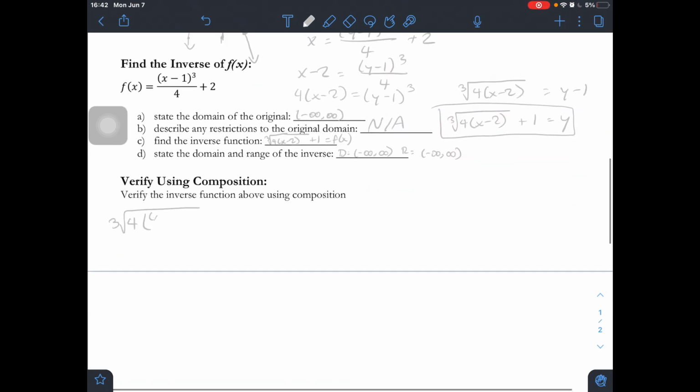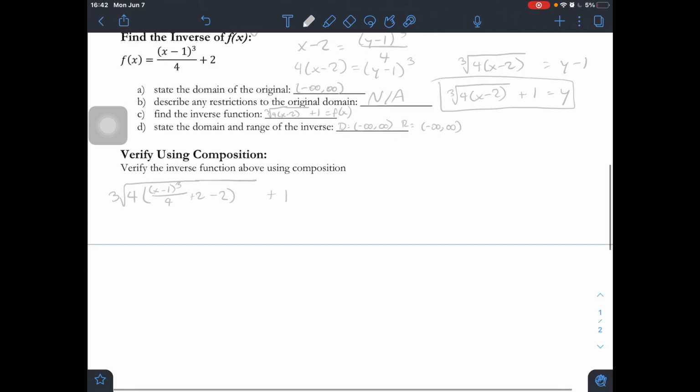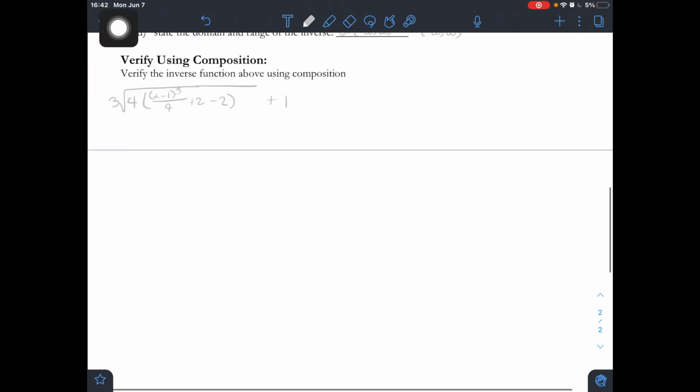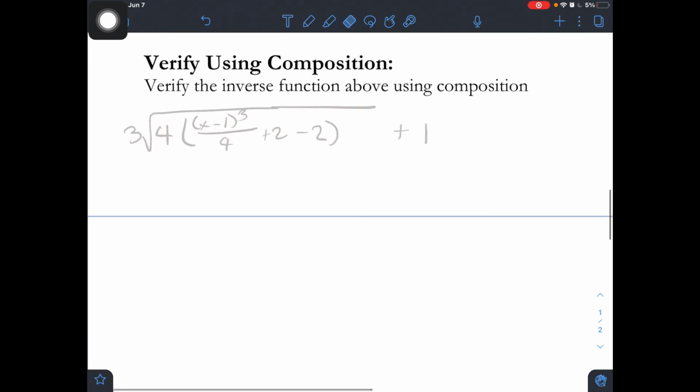So we can write x minus 1 cubed over 4 plus 2, and then minus 2, like that, and then plus 1. So basically we have to simplify this entire thing, and if we end up getting x as the final answer, they are inverses. So let me fix this so it looks more like a cube root symbol.